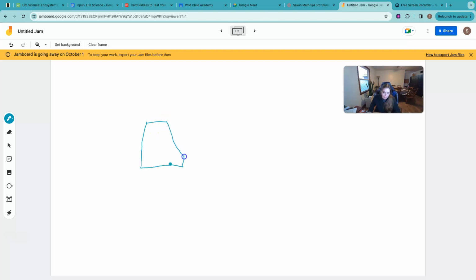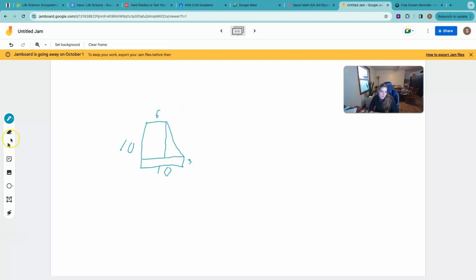So, 6, 3, this little edge is 3, 10, 10. Alright, so how in the world are we going to find the area of this lovely little shape, right? So, first thing I'm going to do is make this a rectangle. So I'm going to separate that out. Then there's a triangle here. And another rectangle. So we have 3 shapes that we're going to find the area of.